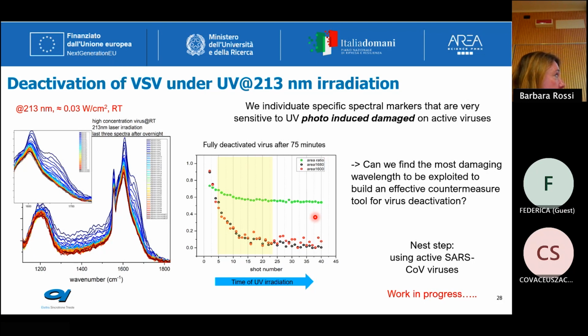The next step of this study is, for example, to use active SARS-CoV virus. At the moment, the problem is to find a way to transport samples that must be treated in biosafety level 2 or 3 to the beamline, which is an environment not designed for level 2 or level 3. But we are working in this sense to also develop a protocol for safe measurement for this type of experiment.